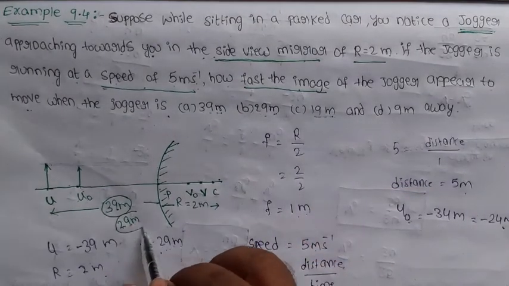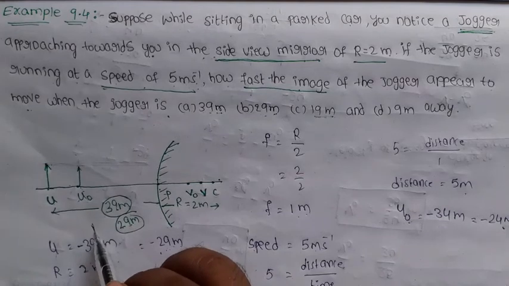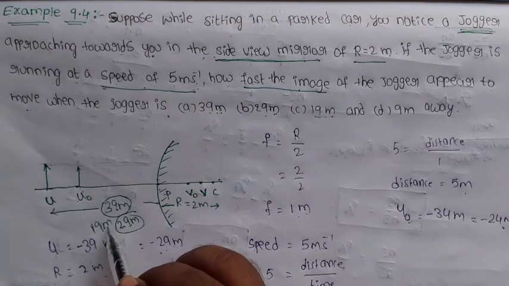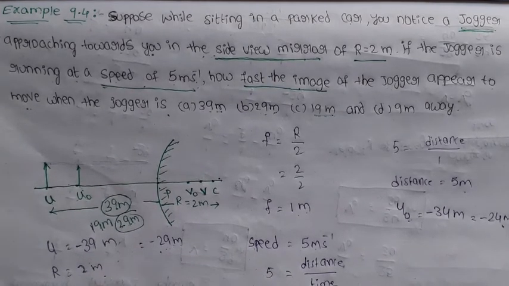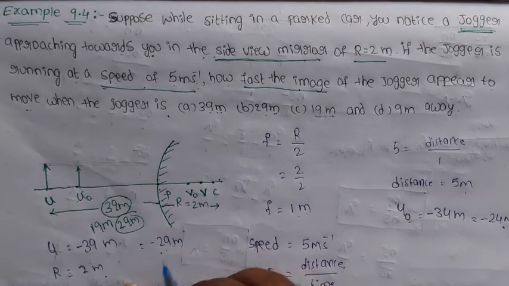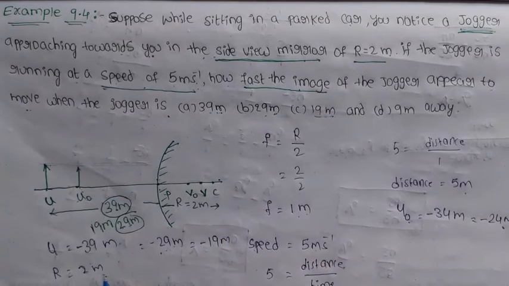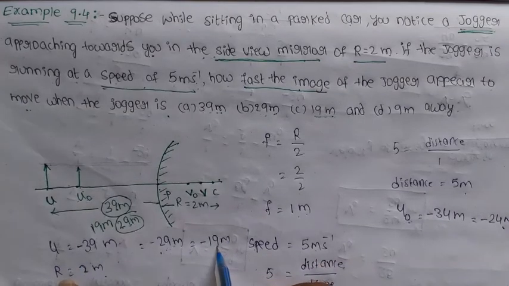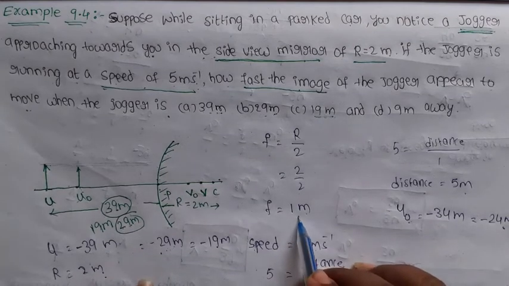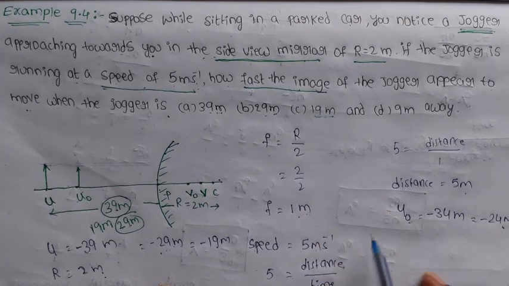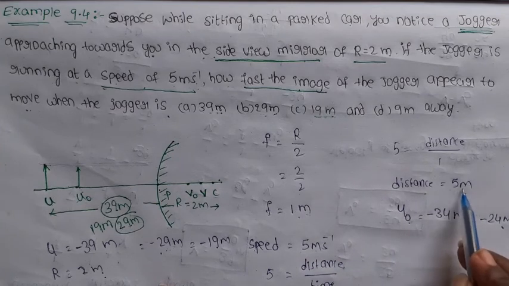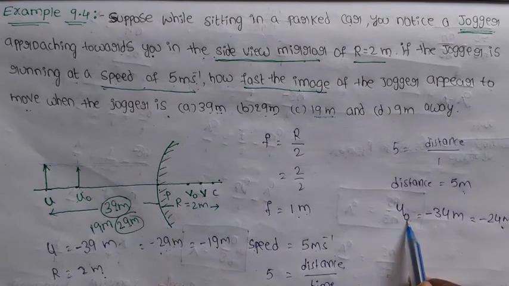So next case, jogger is at 19 meter. What about the u value? Sign conventions. So minus 19 meter, that is the u value. Radius of curvature is 2 meter, that does not change. Focal length 1 meter, speed 5 meter per second, that also does not change. Distance 5 meter and u naught value.